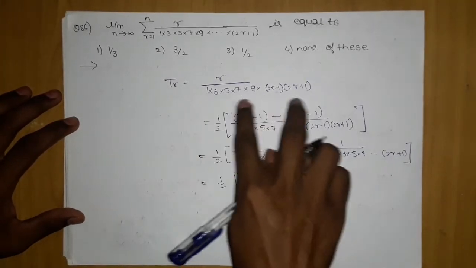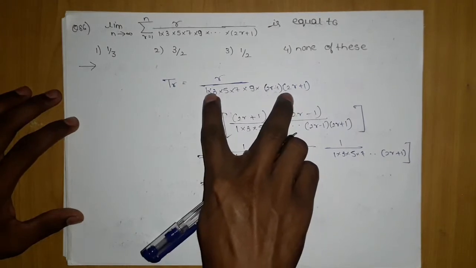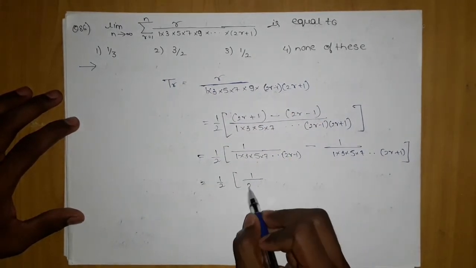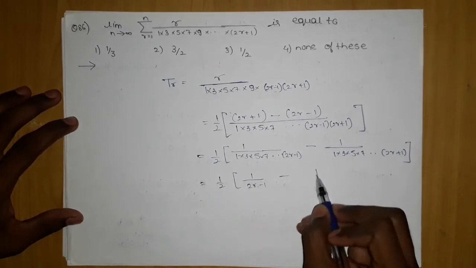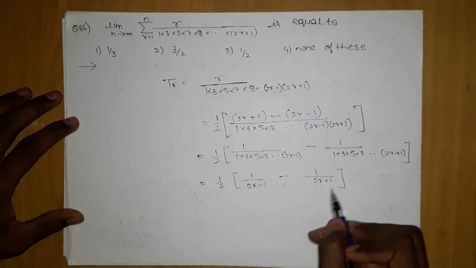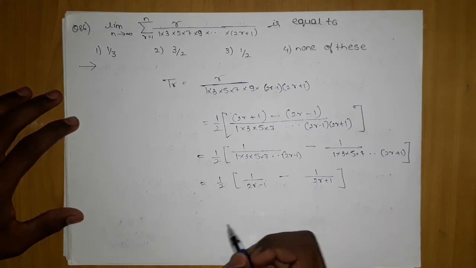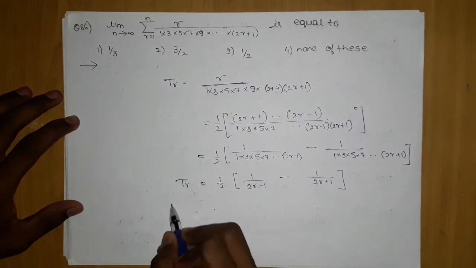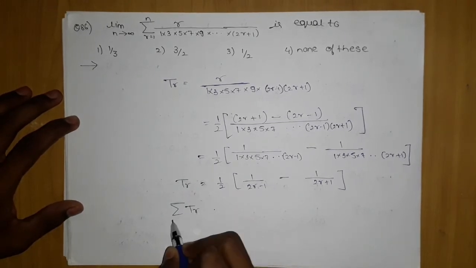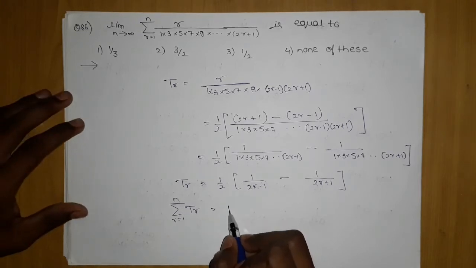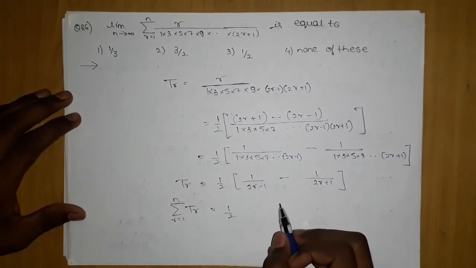In the starting, when some series is given, you consider the Tr term. After doing this, you can consider the main term, which we used to do in general Vn minus problems. Now we have Tr, so we will apply the summation of Tr from r equals 1 to n, which will give us 1 upon 2 times the smallest one.